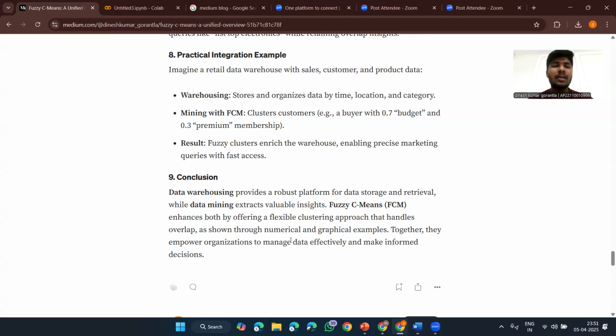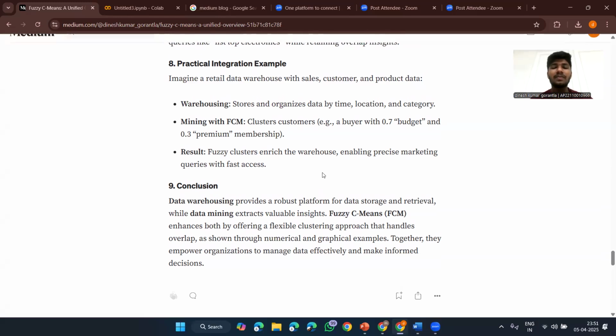Together, they can empower organizations to manage data effectively and make informed decisions. This is all about fuzzy C-means in data warehousing and data mining.